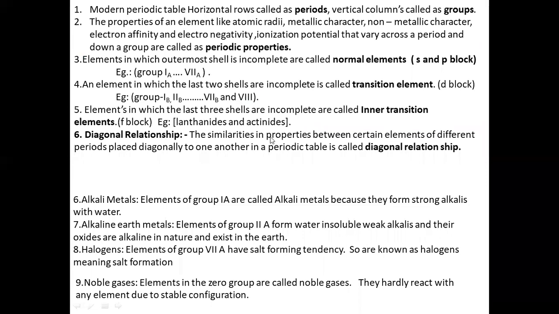The similarity in properties between certain elements of different periods placed diagonally to one another in a periodic table is called diagonal relationship. That also is required for us.